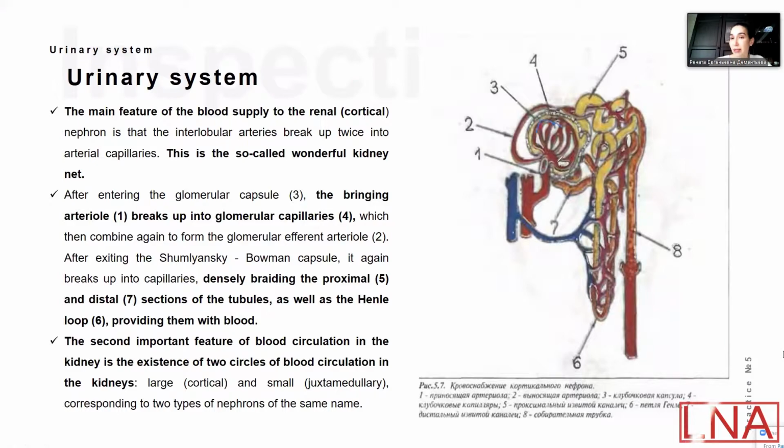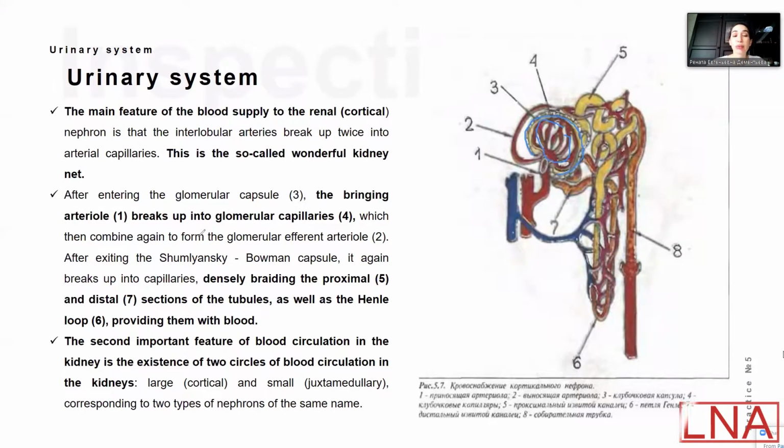There is the glomerulus, there is the Shumlansky-Bowman capsule, which then combine again to form the glomerular efferent arteriole, and after exiting the capsule, it again breaks up into a capillary wonderful net, densely braiding the proximal and distal sections of the tubules, as well as the Henle loop, providing them with blood.